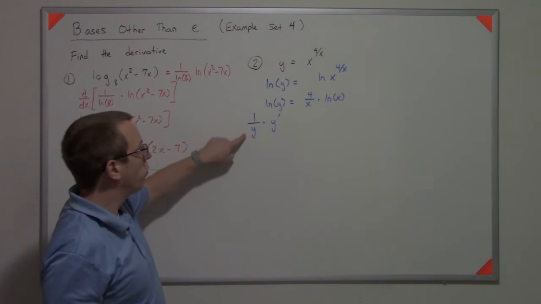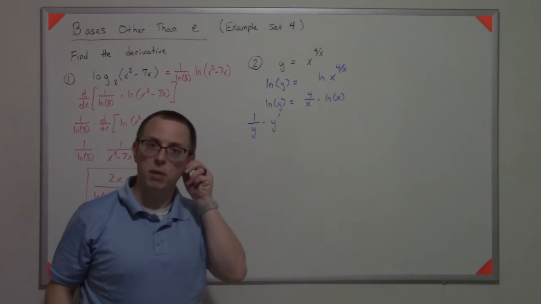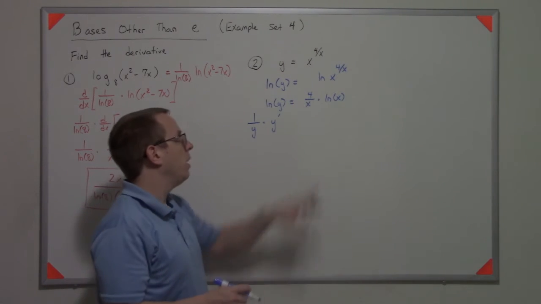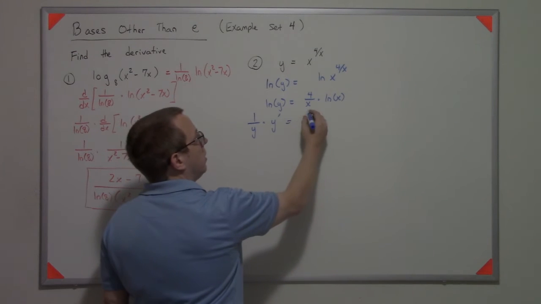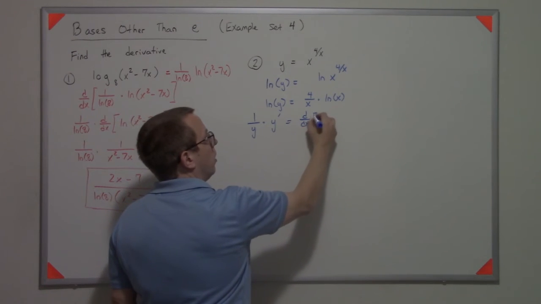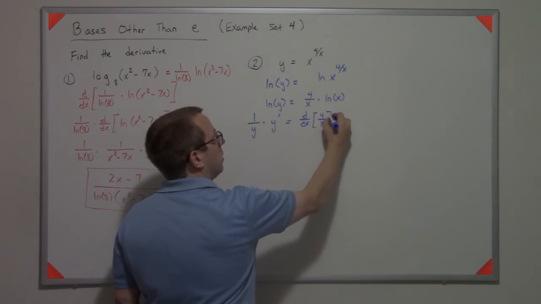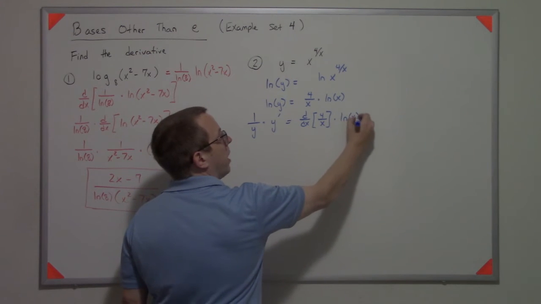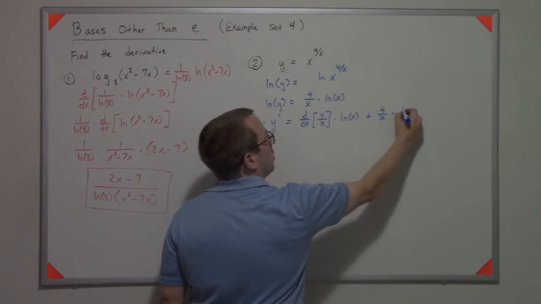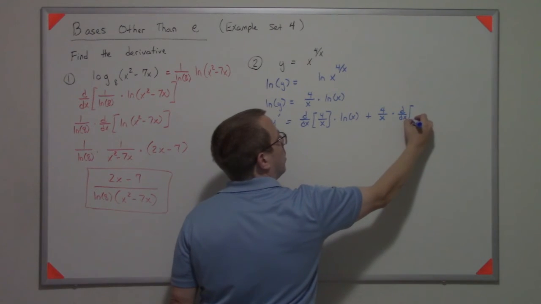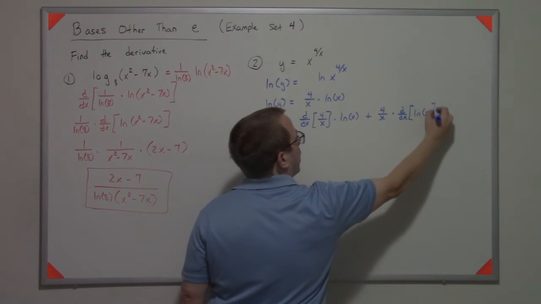So it's 1 over y times y prime, okay? Now the derivative of this is going to be a product rule. So we're going to say that's the derivative of 4 over x times natural log of x plus 4 over x times the derivative of natural log of x.